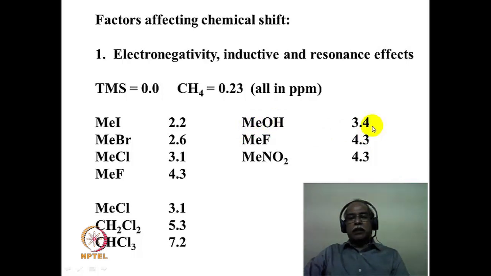Methanol comes at 3.4 ppm. Methyl fluoride and nitromethane both come around 4.3 ppm. From this we can conclude that the electron withdrawing inductive effect of the fluorine is nearly the same as that of the nitro group, because they come at similar chemical shift values with respect to each other.